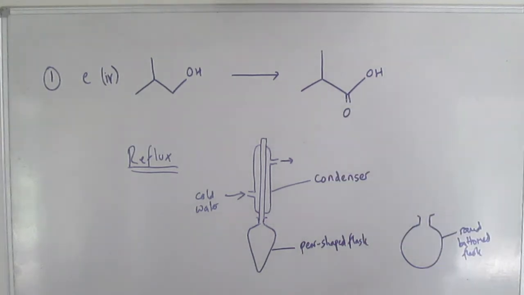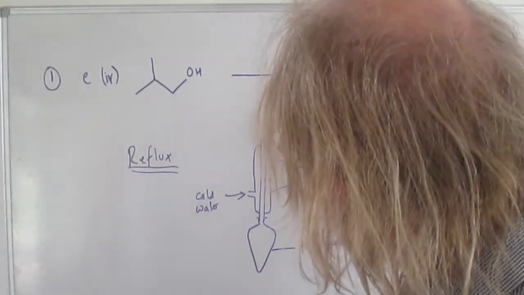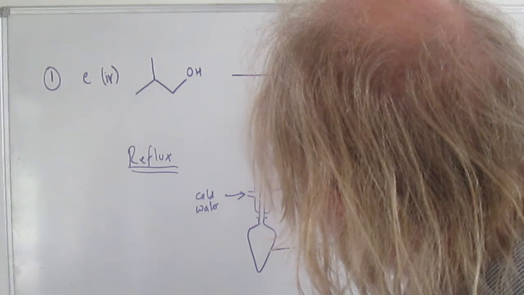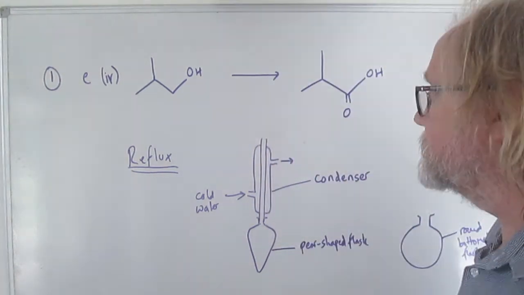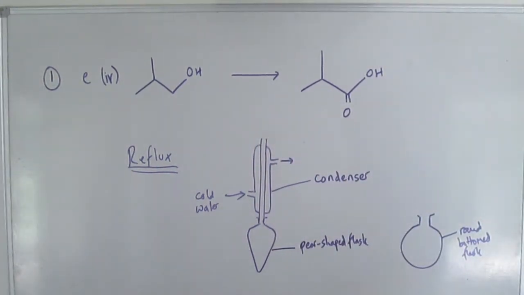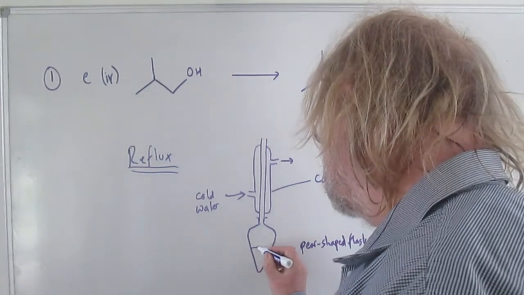And of course the trouble with that is that as you heat it, the vapour will expand and the apparatus will explode. So it's meant to be open at the top there, like that. And then you just draw in your reaction mixture.